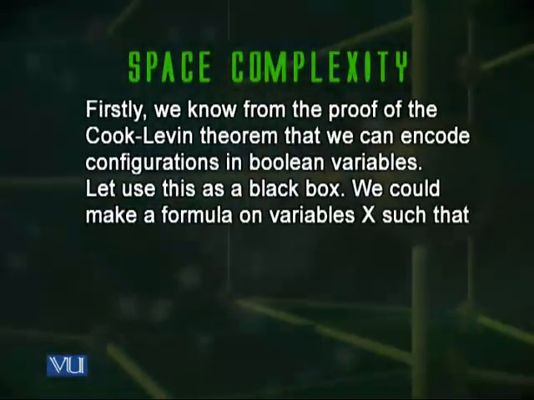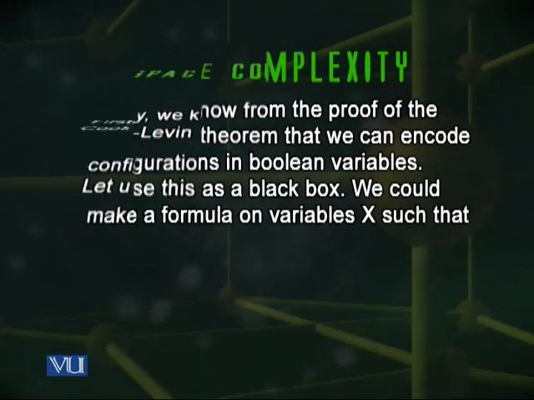Firstly, we know from the proof of the Cook-Levin theorem that we can encode configurations in Boolean variables. Remember, in the proof of the Cook-Levin theorem, we had a configuration and we took Boolean variables. And we said that we could write down a formula which would be true if and only if the settings of these Boolean variables correspond to having a configuration.